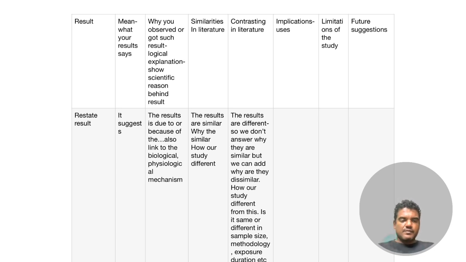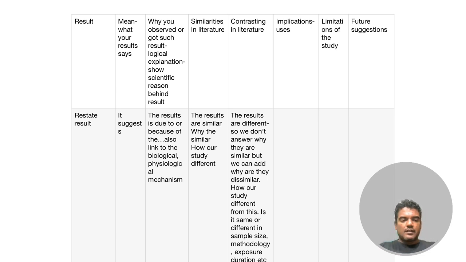Under key findings, we may have many findings in our study. All such findings may support the research question, that means they may support our hypothesis. Our hypothesis is that the particular drug has an anti-cancer property.